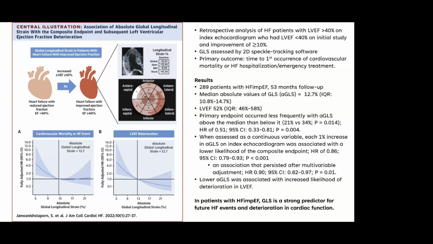And lower absolute GLS was associated with increased likelihood of deterioration in left ventricular ejection fraction. So GLS can be a helpful tool in predicting future heart failure events and deteriorating cardiac function, and it shouldn't only be used in patients with a presumed diagnosis of cardiac amyloid.